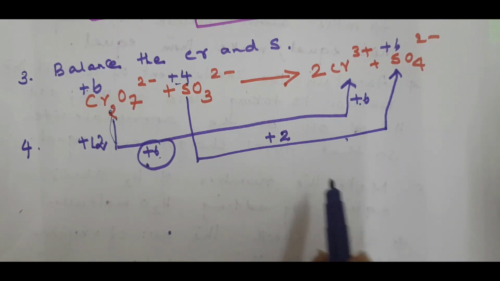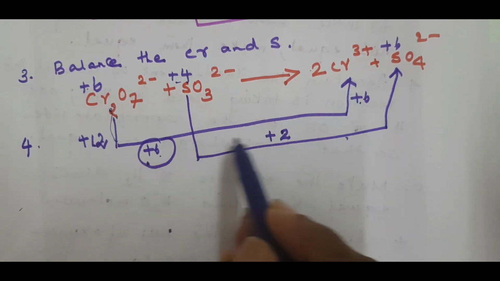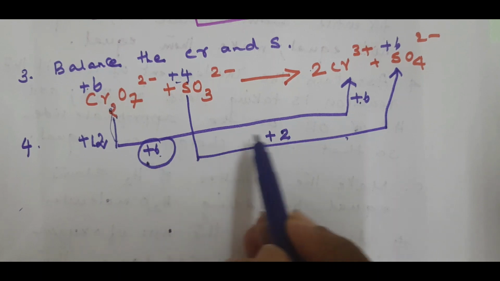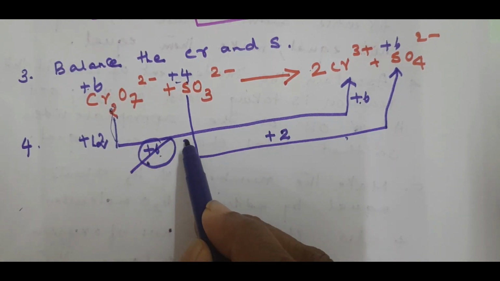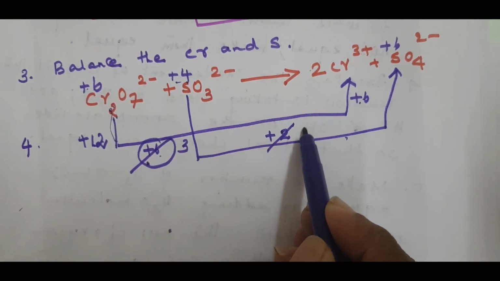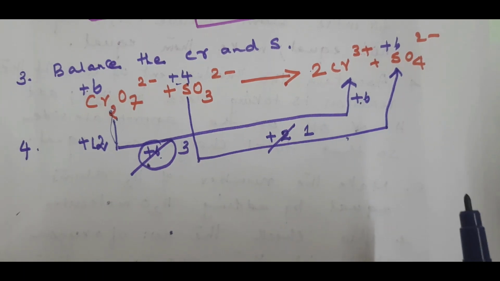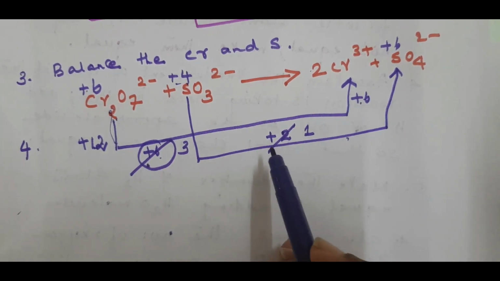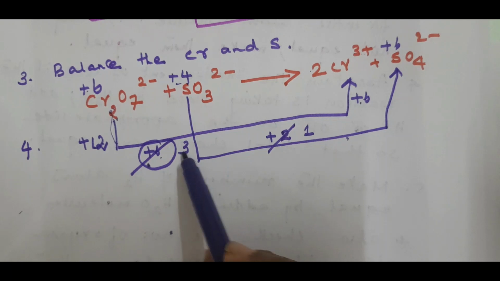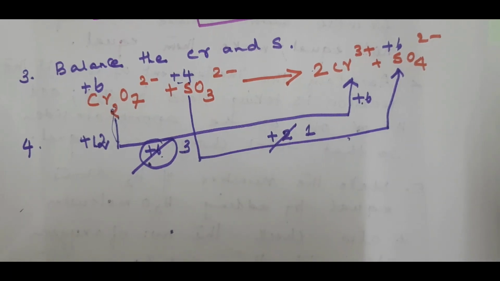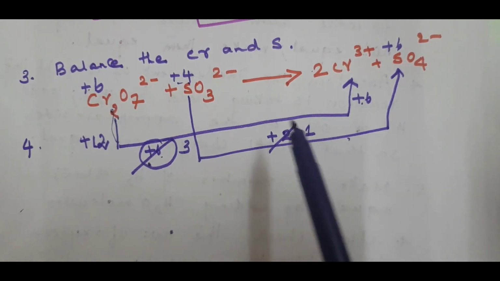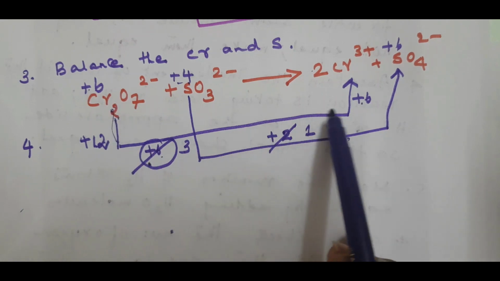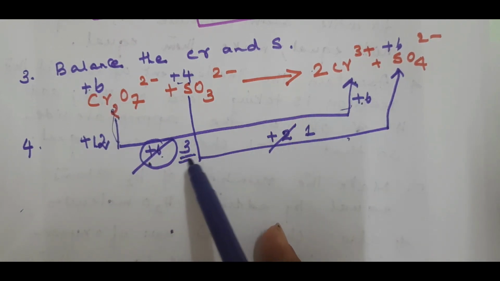Oxidation number, correct. So then you can divide by the common factor 2, then it will give you 3 and 1. Correct. Now what you have to do is, for chromium to chromium, the difference is 3.